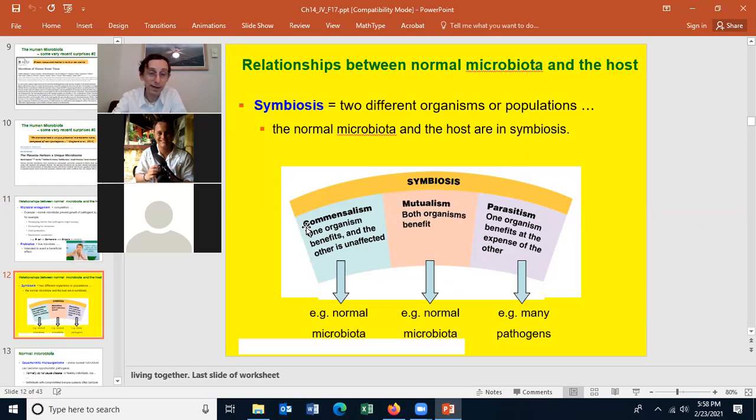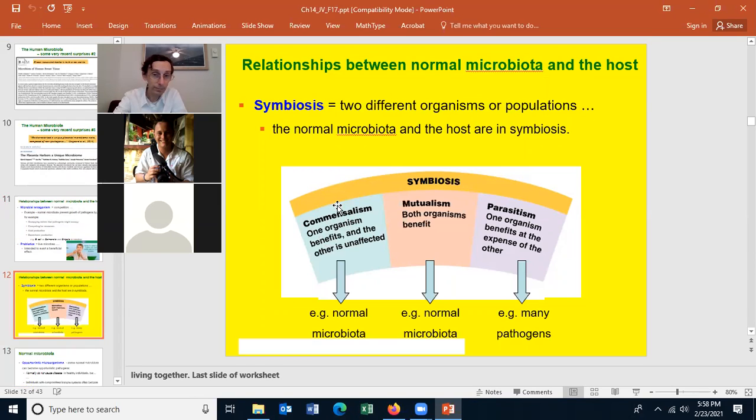But Staphylococcus epidermidis, most of the time when it's on my skin, it benefits by getting a home, getting nutrients that I produce for it. But at least some of the time, Staphylococcus epidermidis isn't doing me any good or any harm. So I'm unaffected. So that would be a commensalistic relationship.